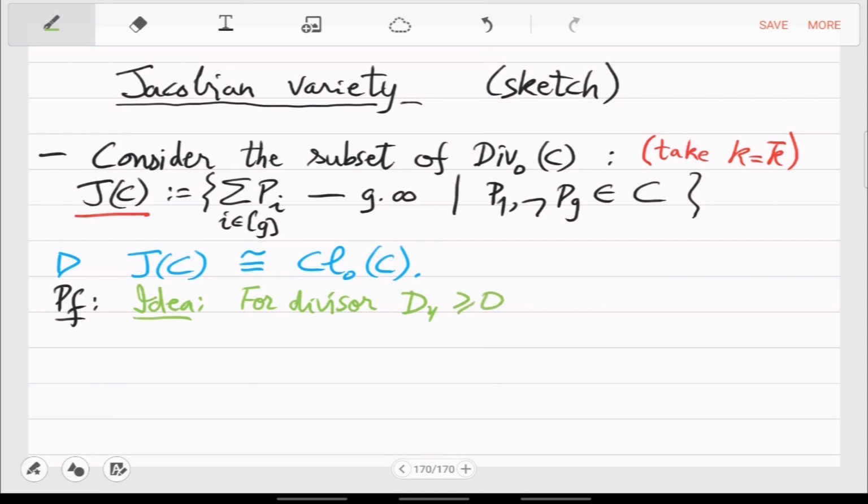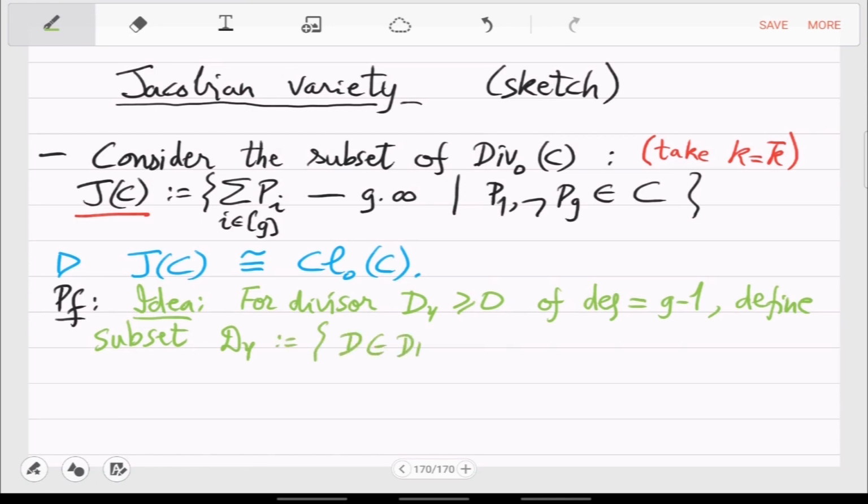For non-negative divisors of degree g minus 1, collect these degree 0 divisors d such that the L dimension of d plus 2g minus 1 infinity minus d gamma is 2.